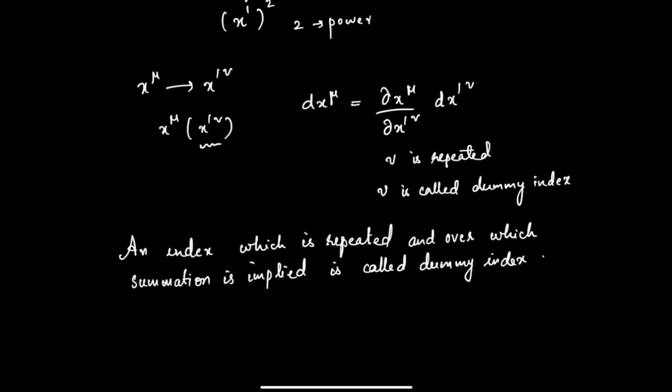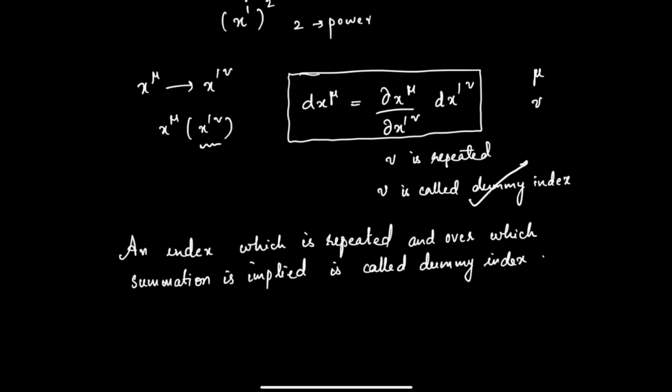So a dummy index can be replaced by any other index which does not appear in the same term. So here there are two indices, mu and nu, right? In this expression you have mu and nu. Here nu is called the dummy index, and you can always replace a dummy index with any other index other than what is appearing in the term. So here mu is already appearing. So you cannot replace the dummy index with mu, but you can always replace the dummy index nu with any other index.